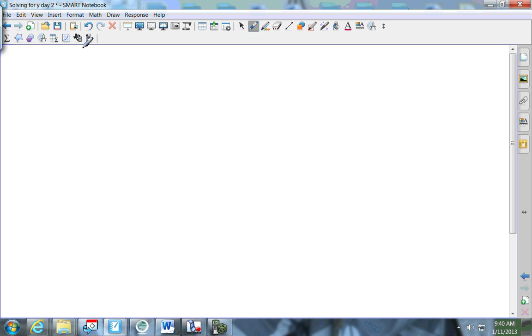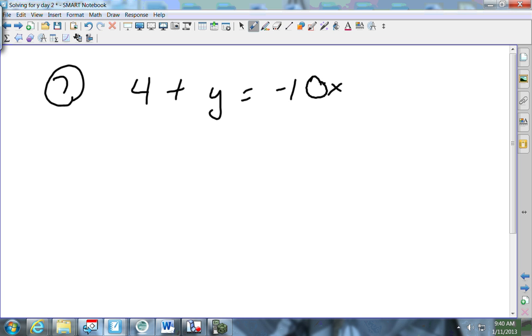Number 7. 4 plus y equals negative 10x. On this one, we're still trying to get y by itself. The x is already over there, so this time I'm going to move the 4. It's a positive 4.